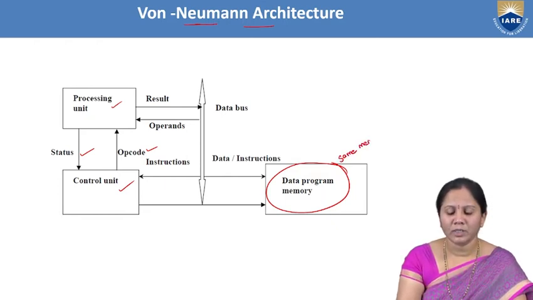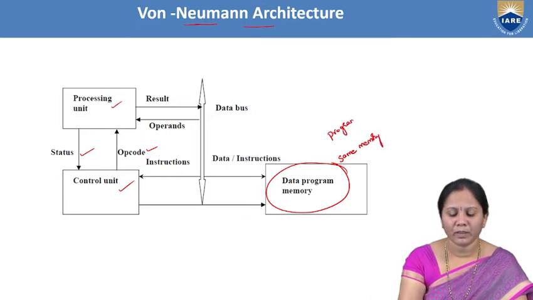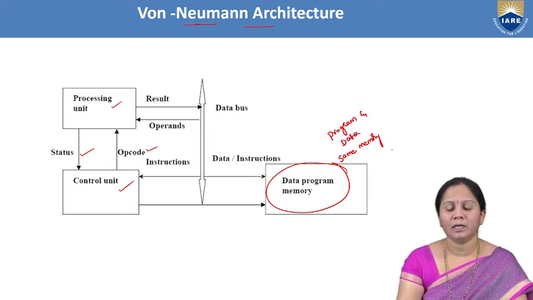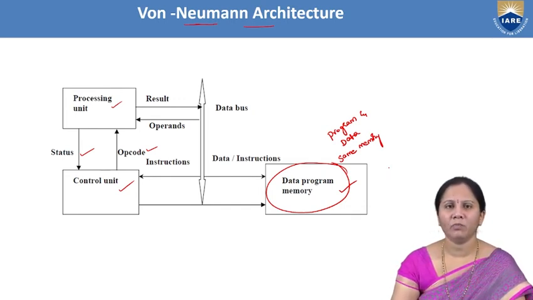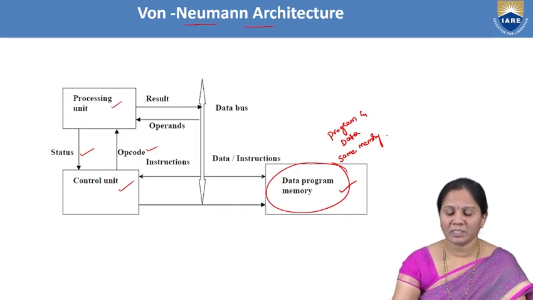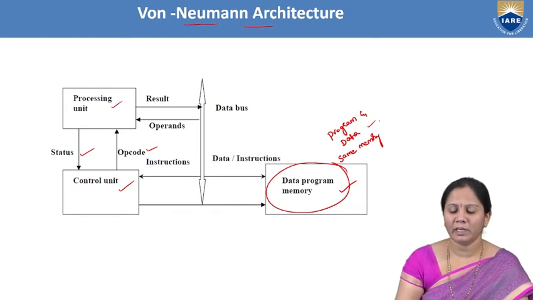Okay. So in this architecture, program and data both are resided in the same memory. Program memory means that is the memory where the code is present, main program is present, and data memory means other than code, the remaining information will be present in the data.